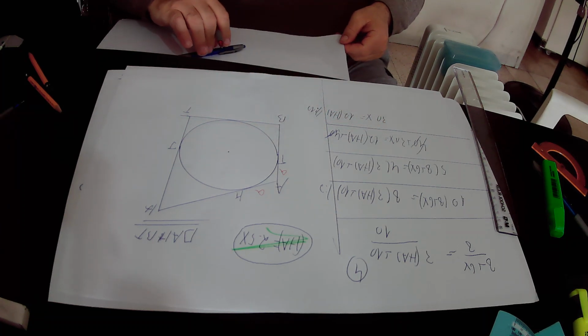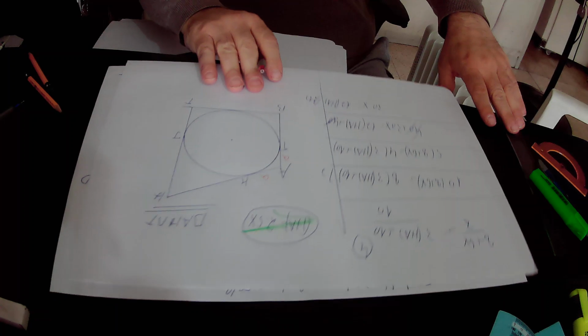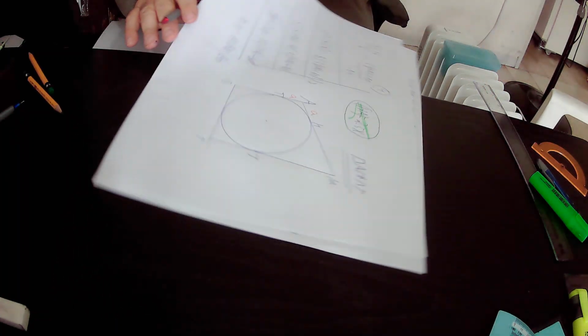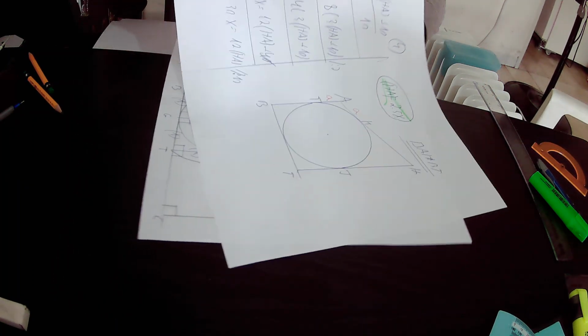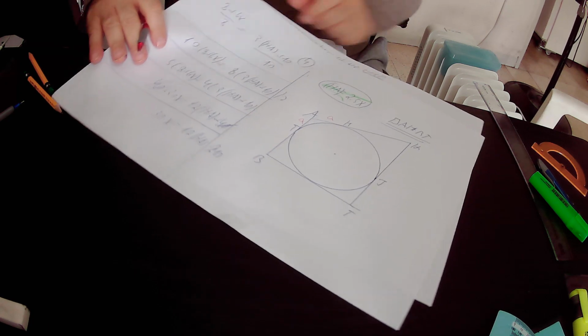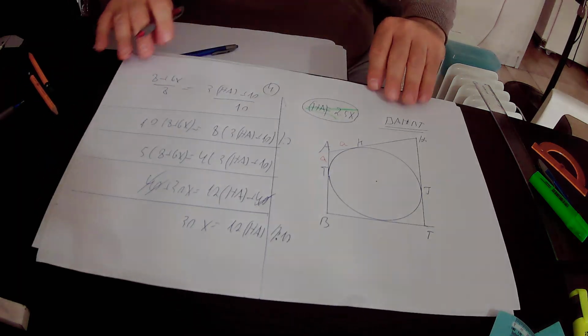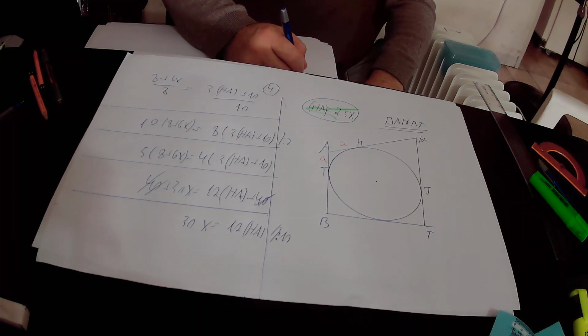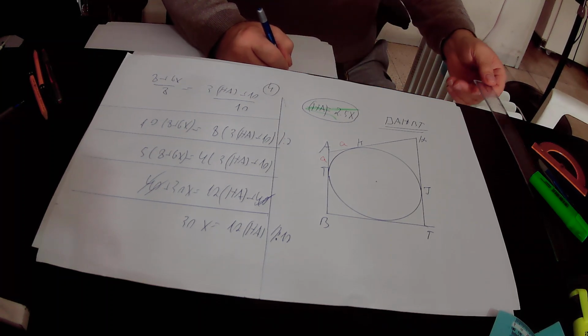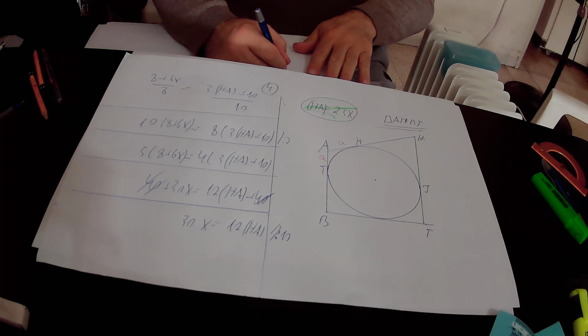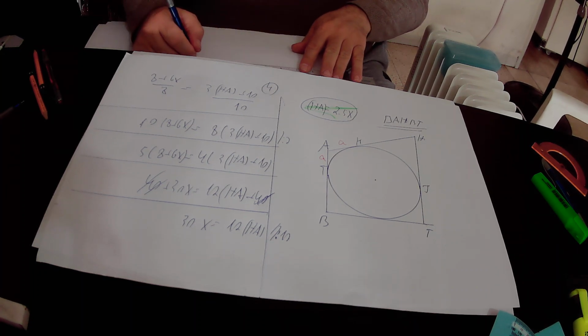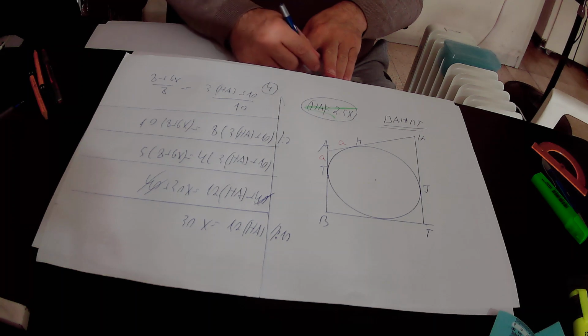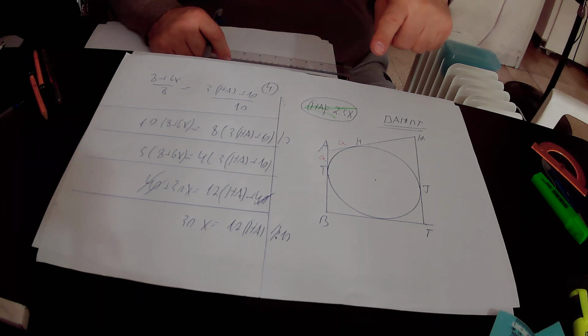Likewise, we'll focus on the common external point, point B. From point B, we have two tangents to this circle.